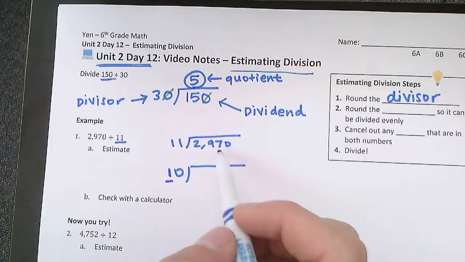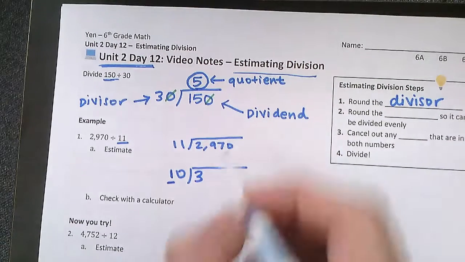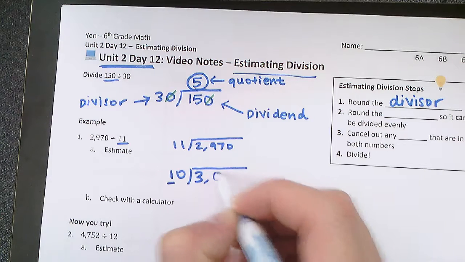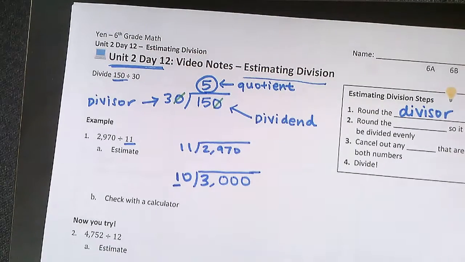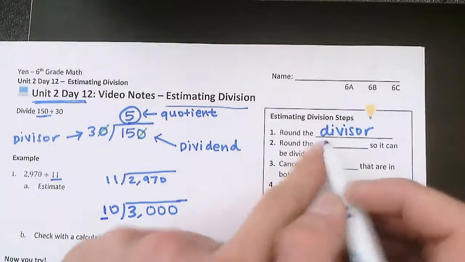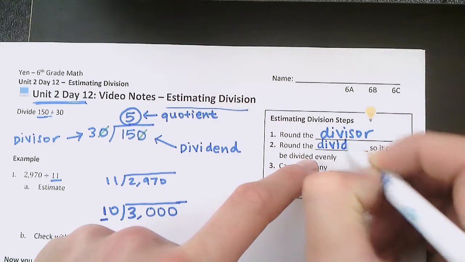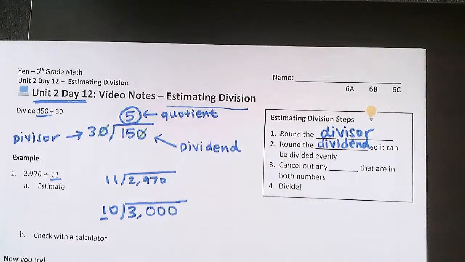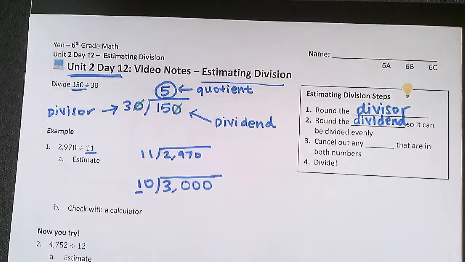So this can round up to a 3, and I can make this now 3,000. After we rounded the divisor, we rounded the dividend so it can be divided evenly. 1 can be evenly divided into 3, so that works.